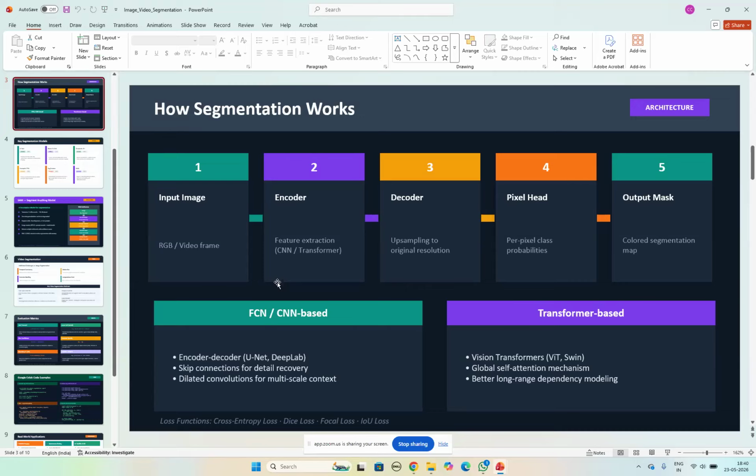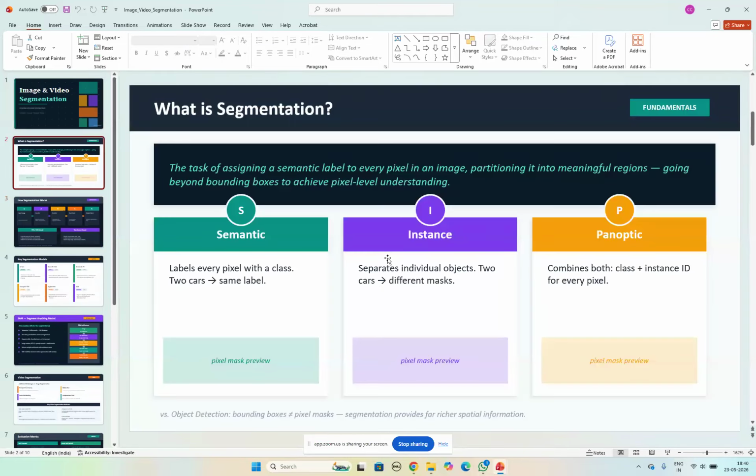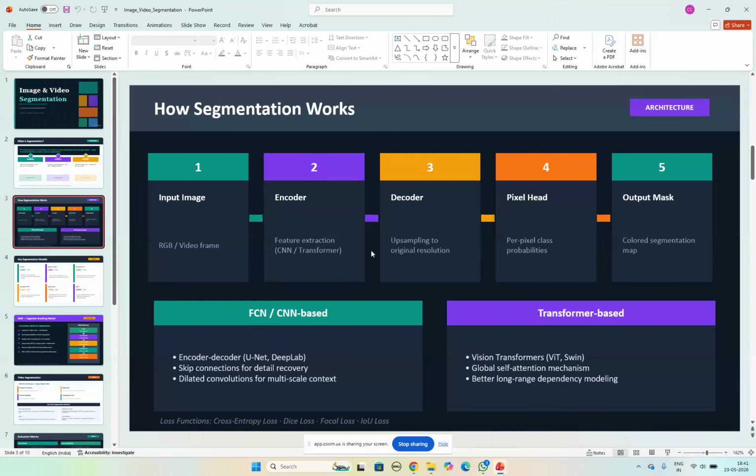We learned about segmentation, how it works, and also we learned about three or four different types of segmentation, which are semantic, instance, and panoptic. All three perform their own functions of classifying the objects based on their characteristics.